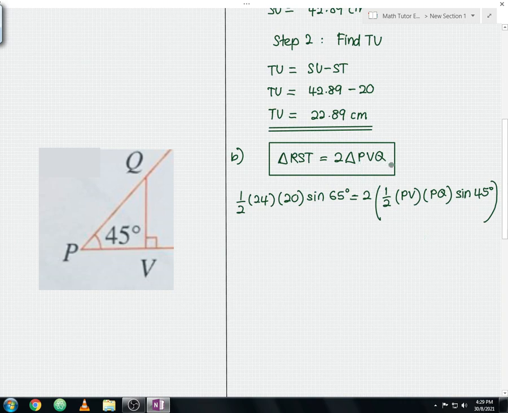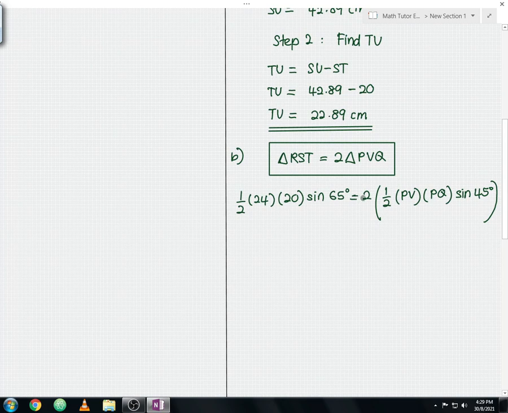Let us do the calculation. This 2 and 2 will cancel off, so you only remain with 1. This 2 you simplify, you get 1, and from here you simplify, you get 12.